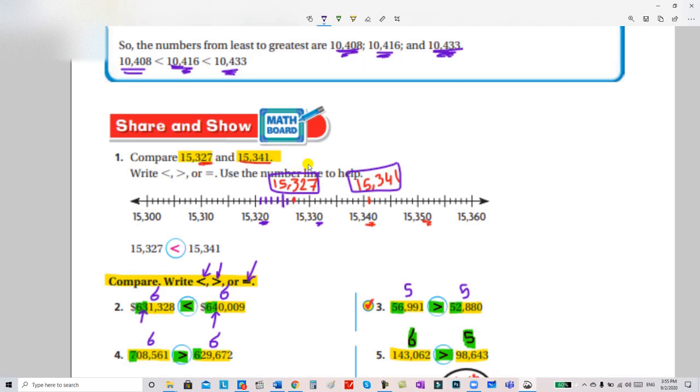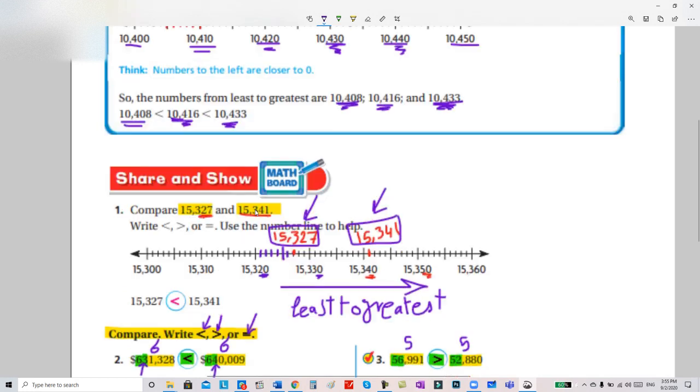What comes first? This number. So this number is smaller than this number, because when we move from left to right, we are moving from least to greatest. That's how we can use a number line to order and compare numbers.